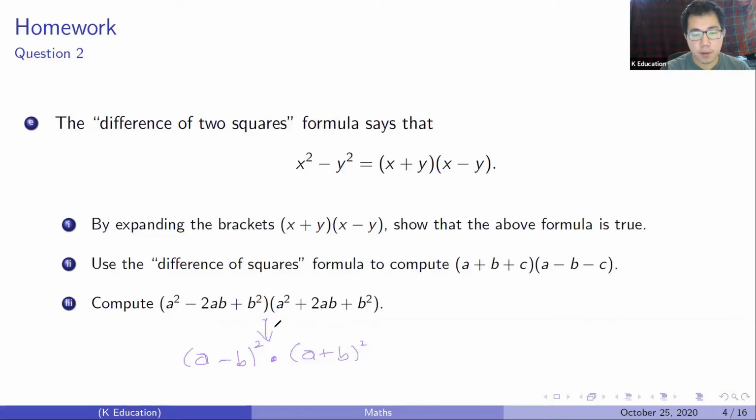Where do I go next? Was this for E3? Sorry? Is this for question E part 3? Yeah, E part 3, yeah. A squared minus b to the power of 4, and then plus ab squared minus ab squared.